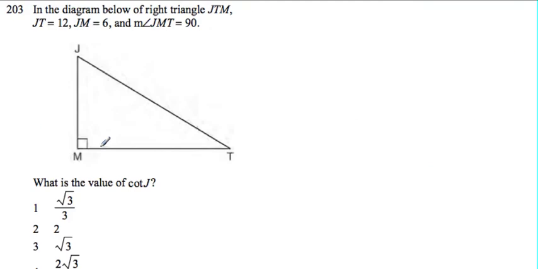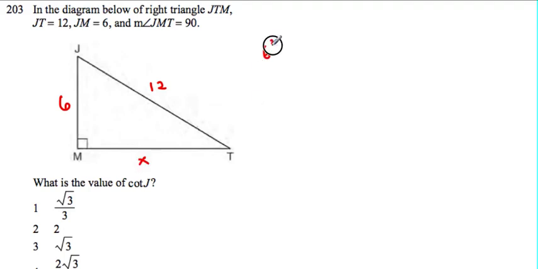Now number 3, we have angle J here, and JT is 12, JM is equal to 6, and that's angle 90, but we don't know what MT is. How can we figure out what MT is? Yes, we can use the Pythagorean theorem. So why don't I call that x.